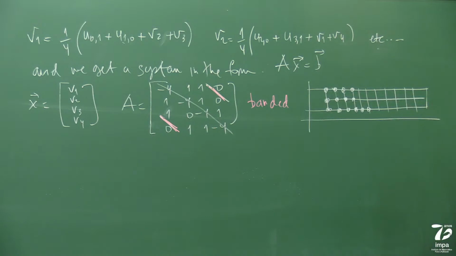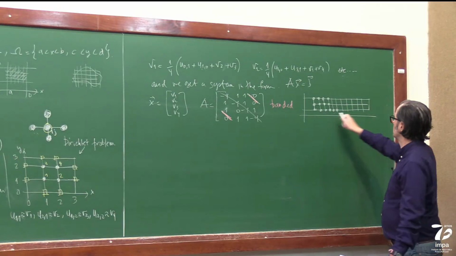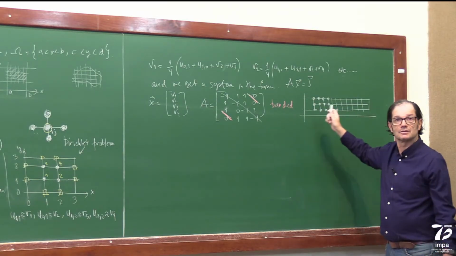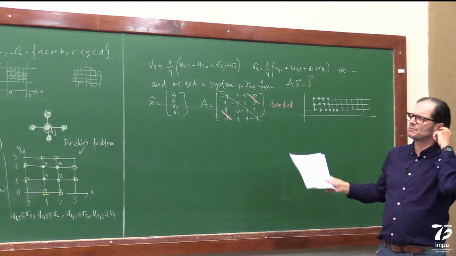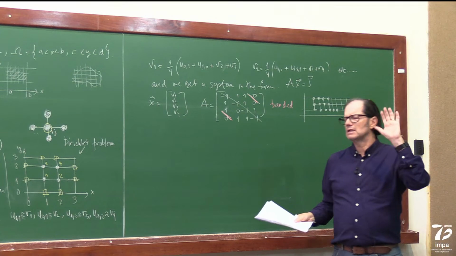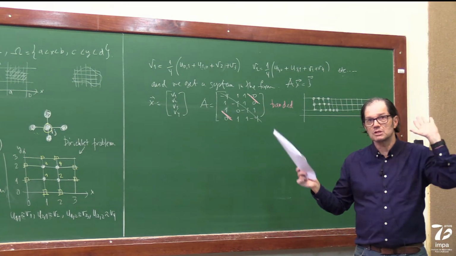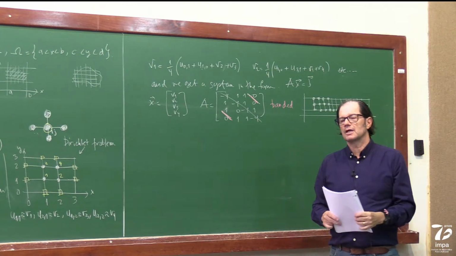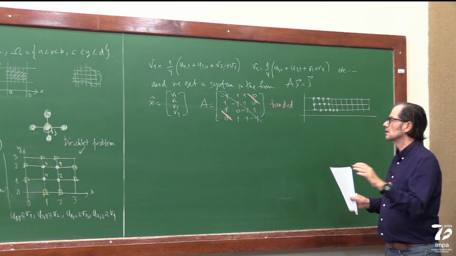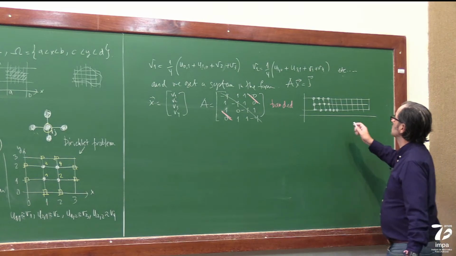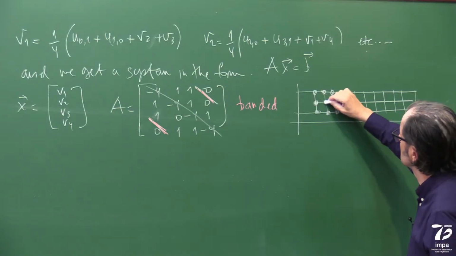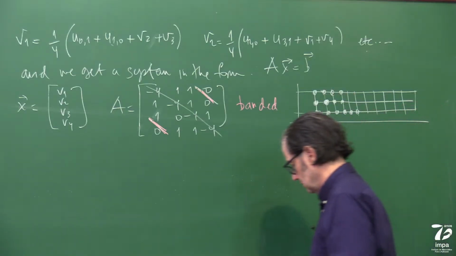Depending on how you number them, sometimes it's called lexicographic if you number them as you're writing. And there are all sorts of strategies also when one has big matrices and so on. I don't know if I'm going to talk about this in the course. We'll see as we go along with a little more advanced things on different strategies. But note that, for example, this node here, let me do in colors.